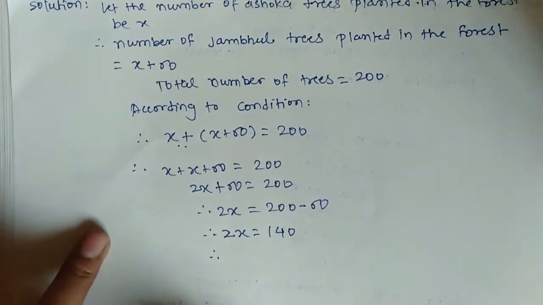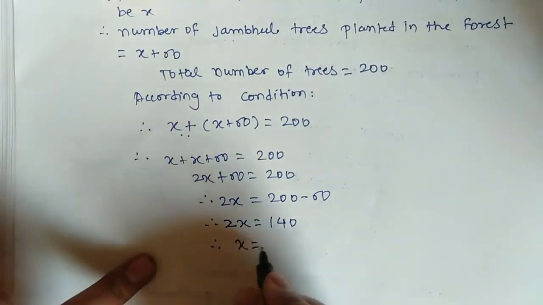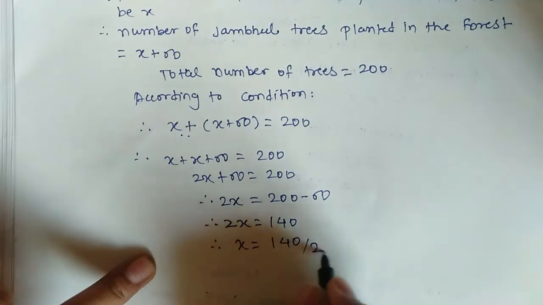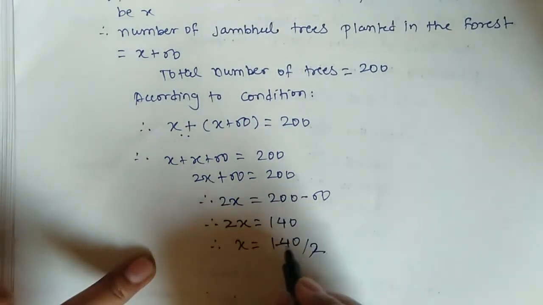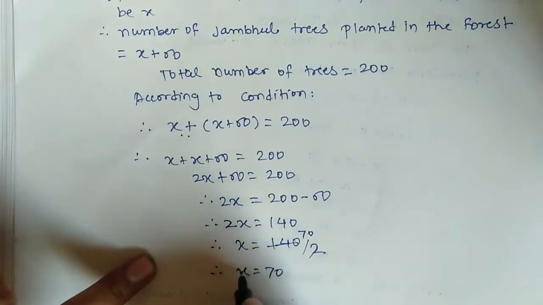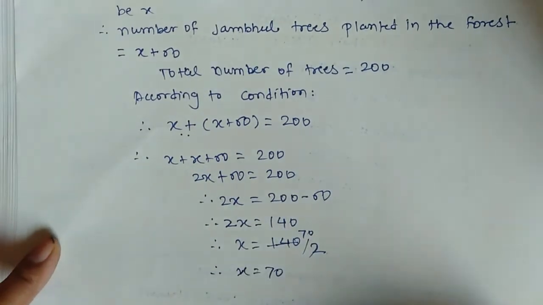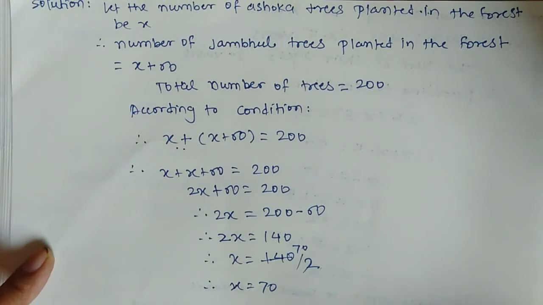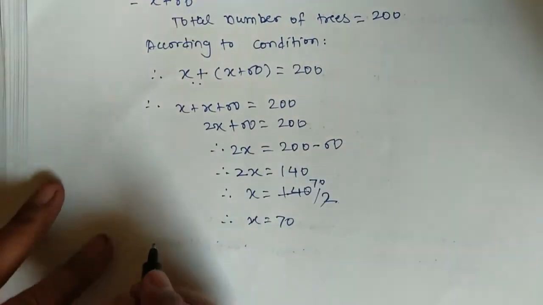So now calculate the value of x. So 2 goes to that side, it becomes divide. So 2 7s are 14, it is 70. Therefore x is equal to 70. Now we got the value of x, means it is the number of Ashoka trees.